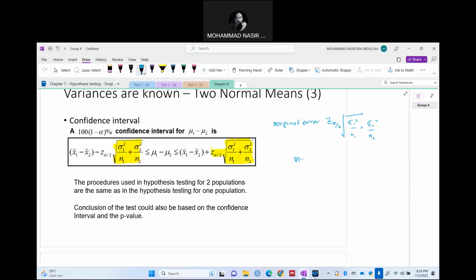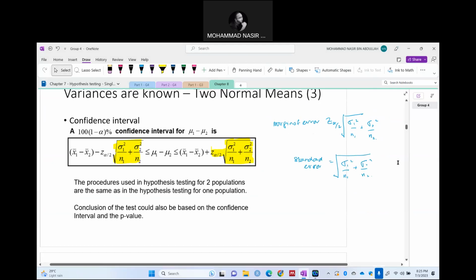And standard error is just the square root of sigma 1 square divided by n1 plus sigma 2 square divided by n2, right? Okay, just introducing you to the formula that we're going to use.